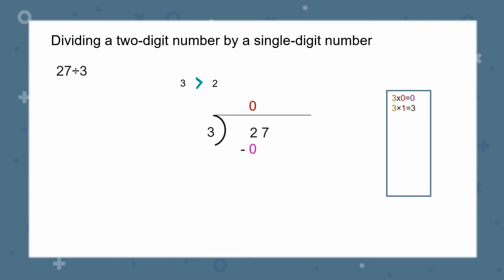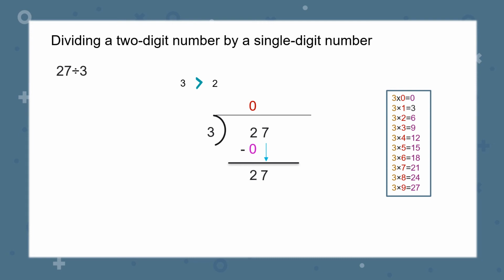Now 2 minus 0, we will get the answer 2. We will take the digit 7 down next to 2. So again our number becomes 27. Now we will say the 3 times table till we get the nearest number to 27 or 27. So 3 2s are 6, 3 3s are 9, 3 4s are 12, 3 5s are 15, 3 6s are 18, 3 7s are 21, 3 8s are 24, 3 9s are 27.